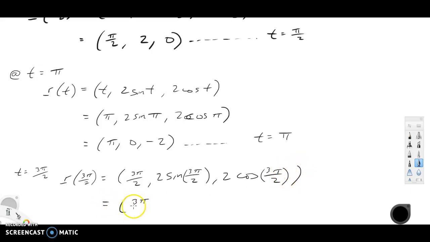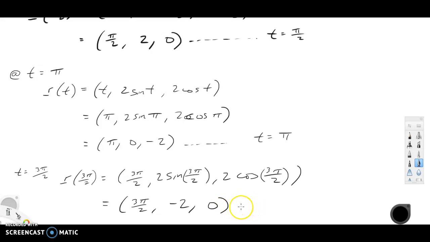This comes out as 3 pi over 2, comma, 2 multiplied by sine 3 pi over 2 comes out to be minus 2, and then we have 2, I'll change my sign on my calculator, oh, it won't let me, 2 multiplied by cos 3 pi over 2 rads, and I get 0. So this is where the particle is when the time is 3 pi over 2.